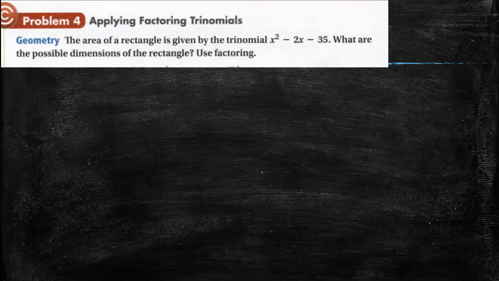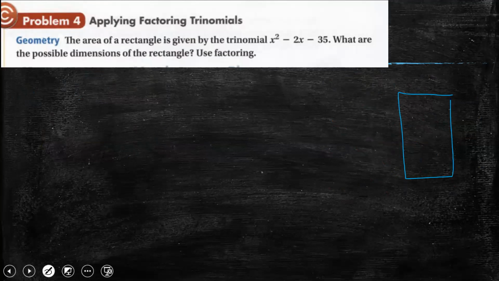Now, number 25. Applying factoring trinomials. Here, the area of the rectangle is given by the trinomial x squared minus 2x minus 35. What are the possible dimensions of the rectangle? If I told you the area of the rectangle is 36, we have different dimensions.